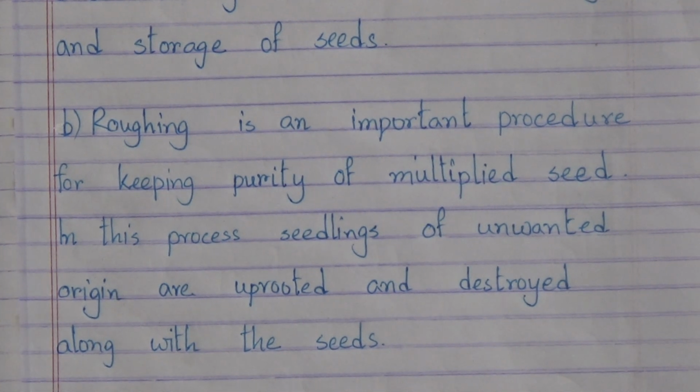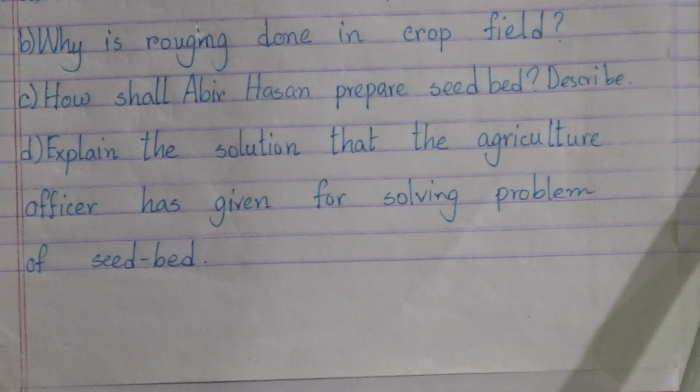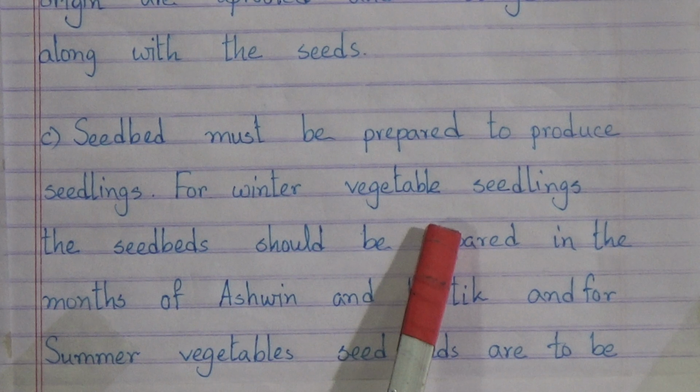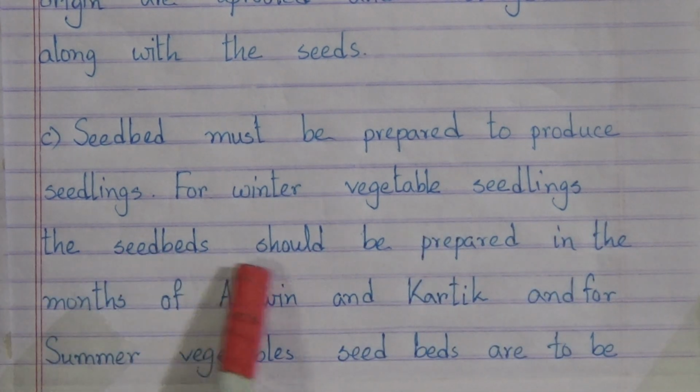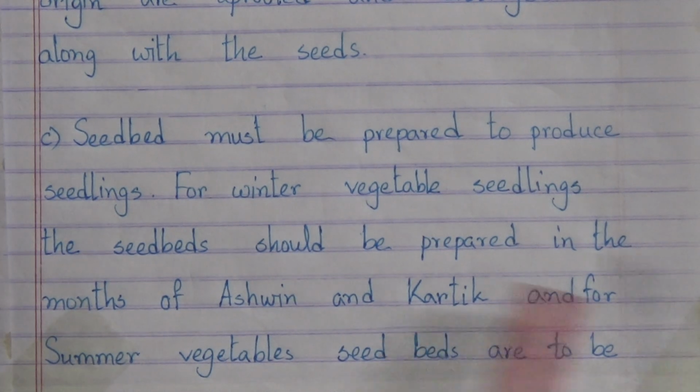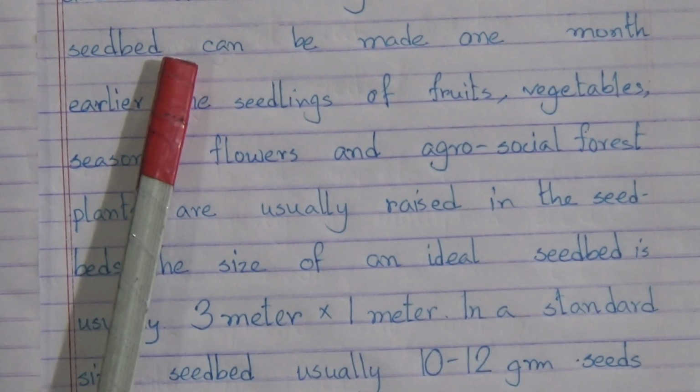Number C, how shall Abid Hassan prepare seedbed? Describe. Seedbed must be prepared to produce seedlings. For winter vegetable seedlings, the seedbeds should be prepared in the months of Ashin and Kartik, and for summer vegetables, seedbeds are to be prepared within the month of Falgun and Chaitra.